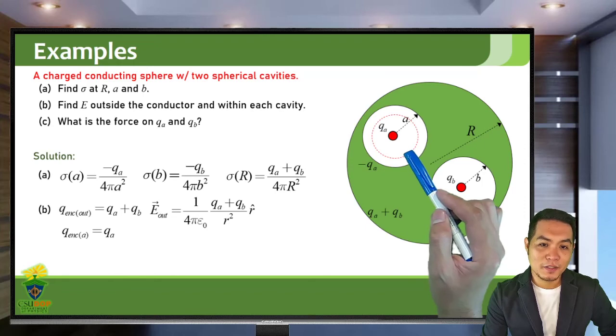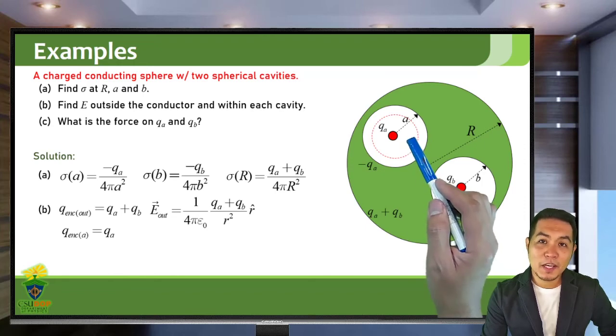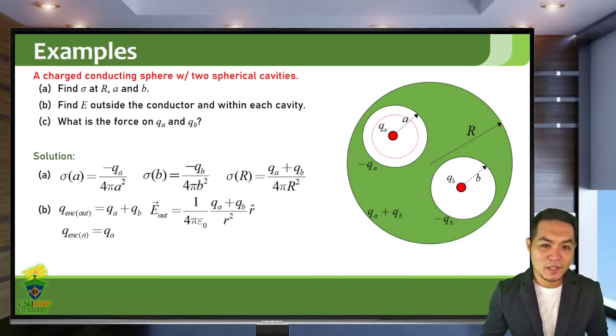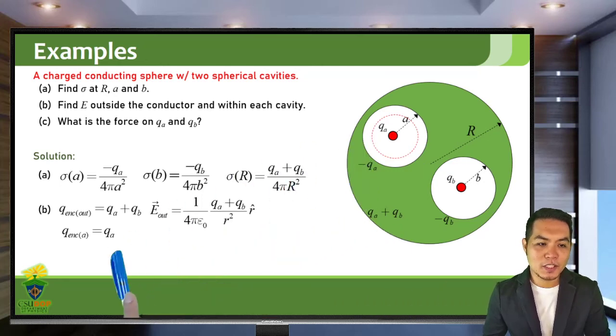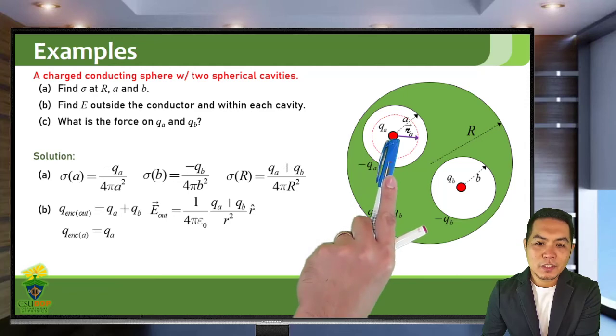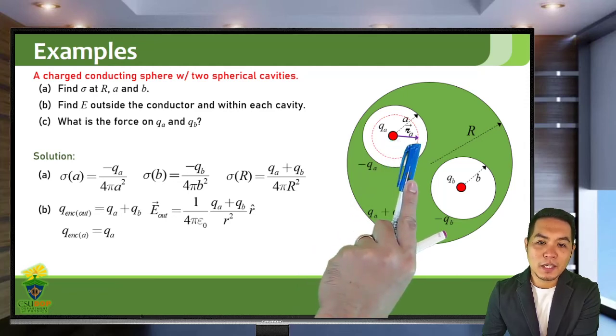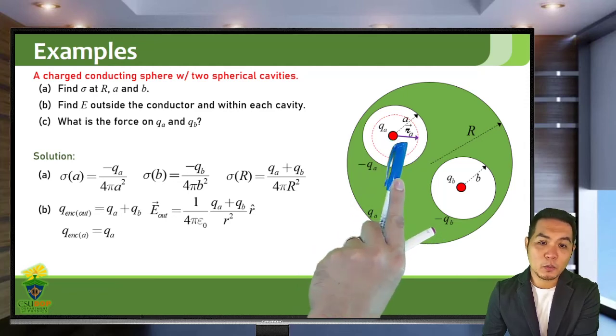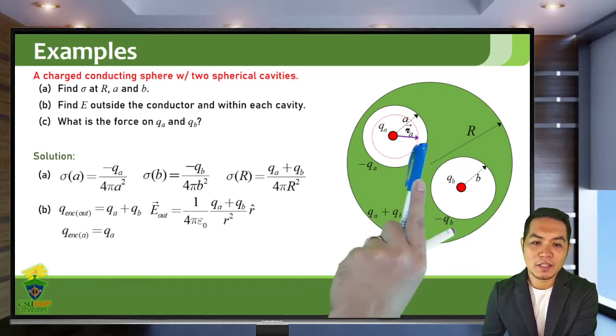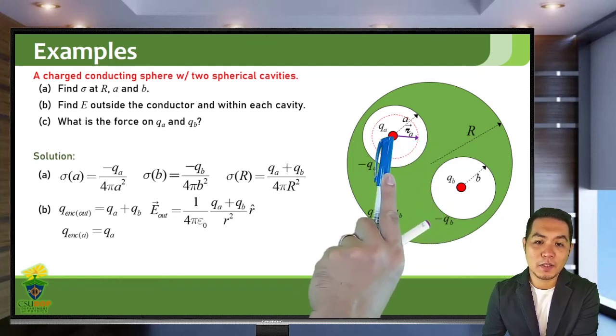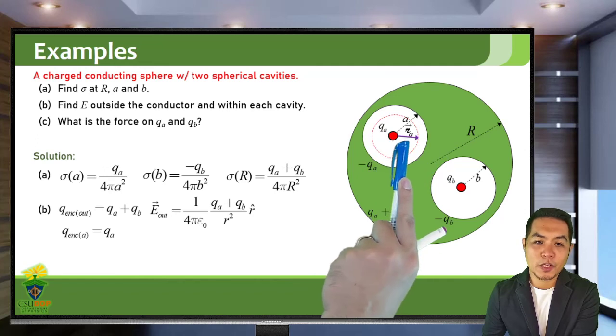It will actually be along the separation distance vector, curly r hat. In this case, the charge enclosed is just QA, and this will be the direction of your electric field, and the area vector will also be directed along the curly r, the separation distance vector from the source point to the field point.